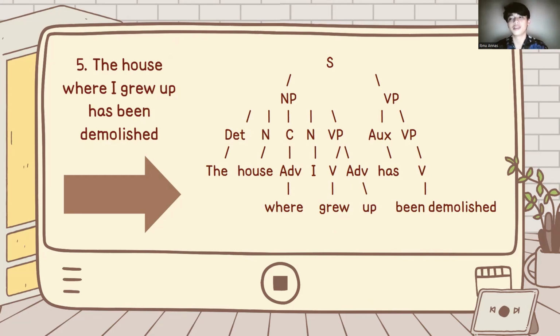So what the deep structure is trying to say is that there are two events combined. The first is I grew up in that house, but the house has been demolished. So this diagram is merged using a relative clause to give us a complete meaning.